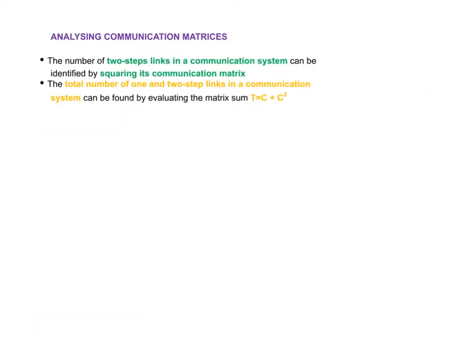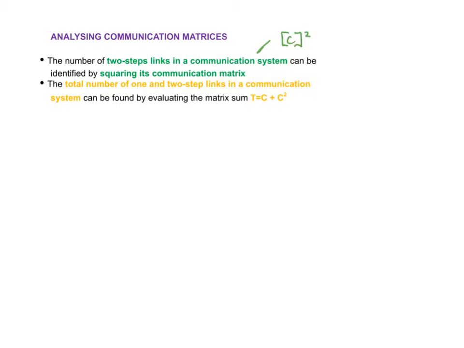When we're analysing a communication matrix, sometimes we look at 1-step communication, we might look at 2 steps, or we might look at both. If we want to know how many 2-step links there are, we simply take the communication matrix and square it.